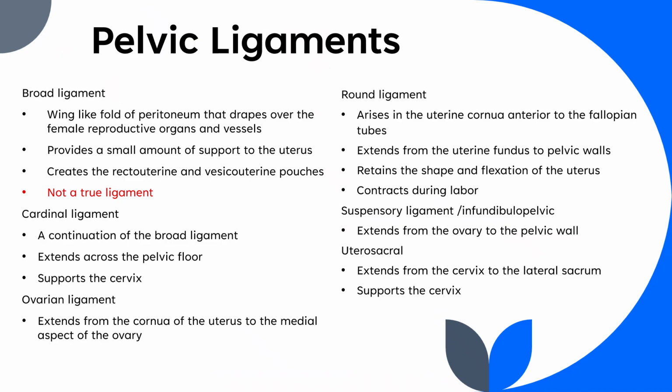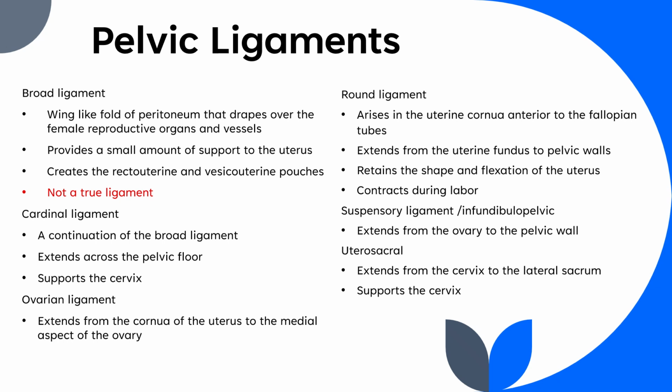All right, pelvic ligaments. Now, there are some big players in the ligament game. Number one, and I'm going to show you a picture of this in a minute, but I just want you to understand where it's at before I show you pictures. The broad ligament is this massive wing-like fold of peritoneum that drapes over the female reproductive organs, okay?